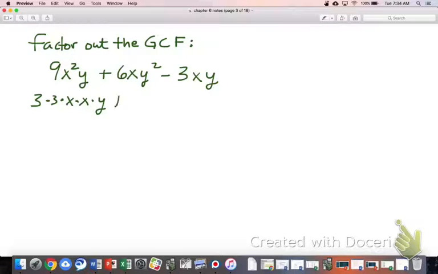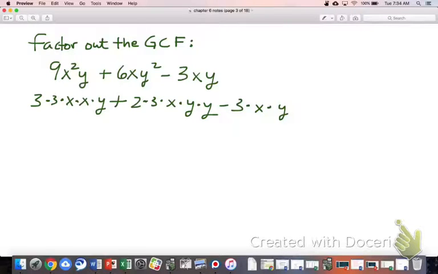The next term, plus 6, is 2 times 3. X is prime, y squared would just be y times y. And then the last term is already prime. 3 is a prime number. X, there's only a single factor there, and same with y.